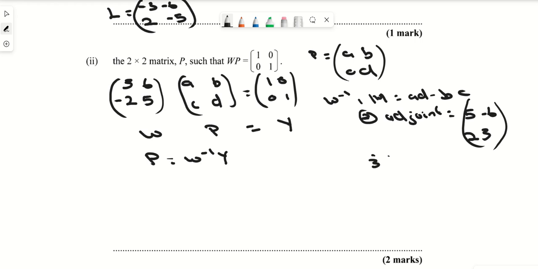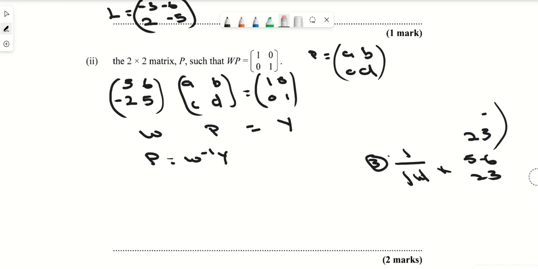And then step 3, you put 1 over the determinant of W multiplied by the adjoint, which is 5, minus 6, 2, 3. This is a three-step process. I just think the three steps take too much time to do.